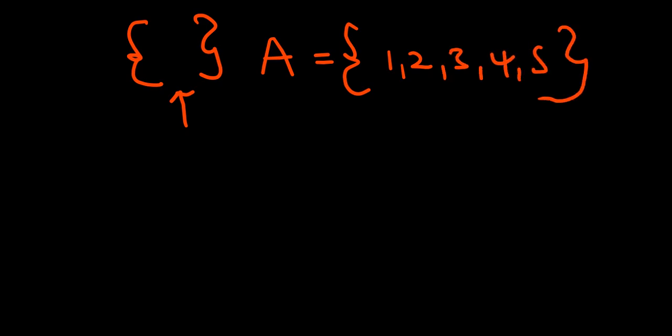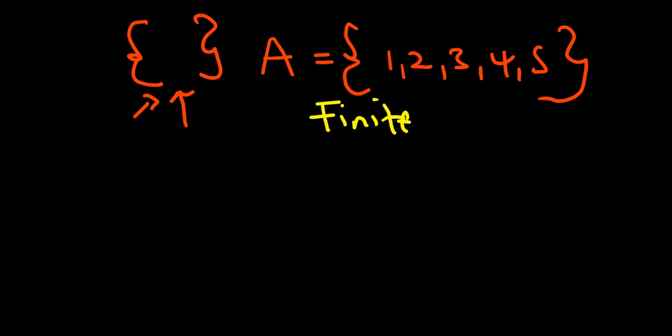We use these brackets to list all the elements in that set. And we said if we are able to list the members of a set, then we call that set finite, meaning we can list all the elements in that set.